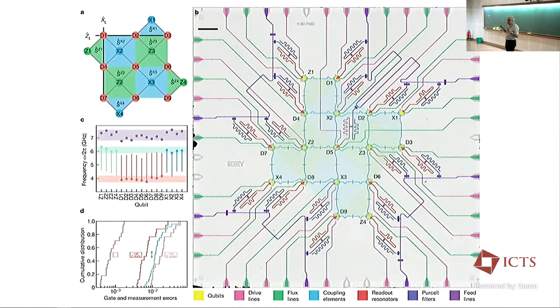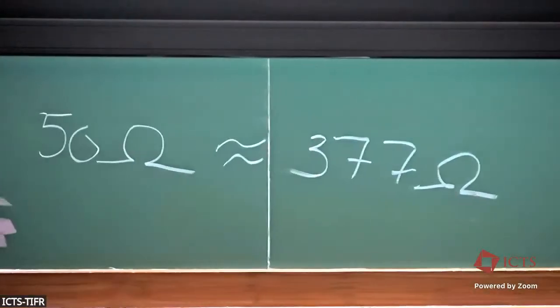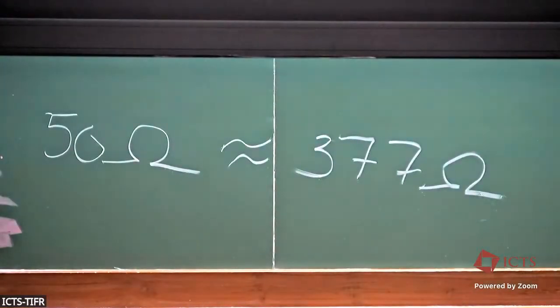It's fundamental in the sense that it's very close to 377 ohms, so approximately equal to 377 ohms. Okay, I'll pause again. You theorists, do you know what the significance of 377 ohms is in our world?